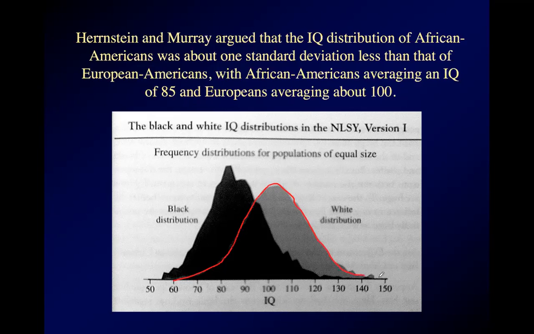We've got a small number of geniuses over here whose IQ is close to 150. We've got a number of people down at 70. I think 70 is the cutoff for significant developmental delay. Below 70, I think you're going to have trouble taking care of yourself. And most people are kind of here in the middle. That's the bell curve for the white population in the NLSY.